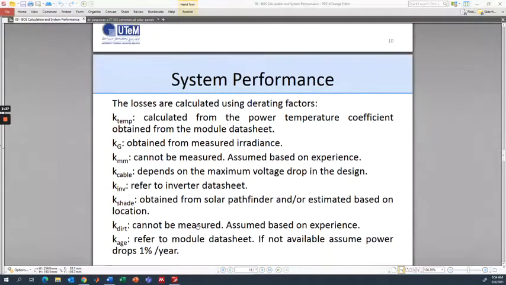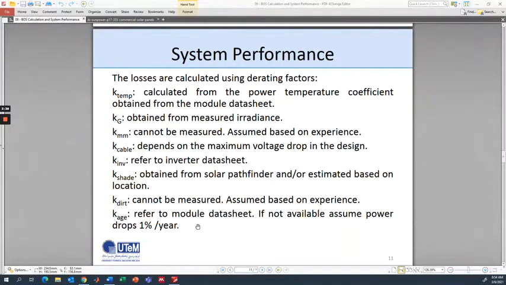The losses mentioned just now are converted into rating factors. The rating factors are represented by the symbol K, and we have a subscript for each type of loss. K10 for temperature, Kg for irradiance, a rating factor for module mismatch, for cable, and so on. Some of them we can calculate using the relevant equations.